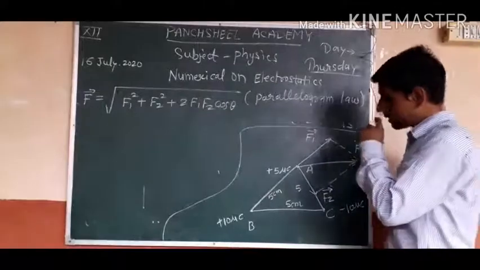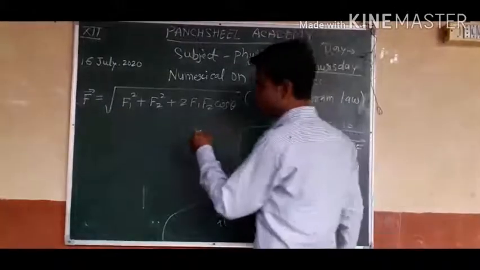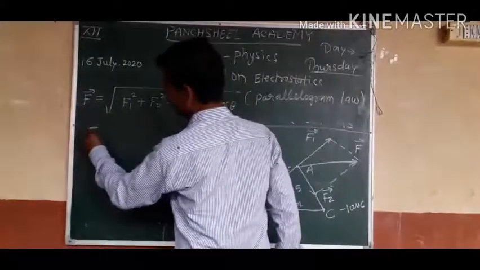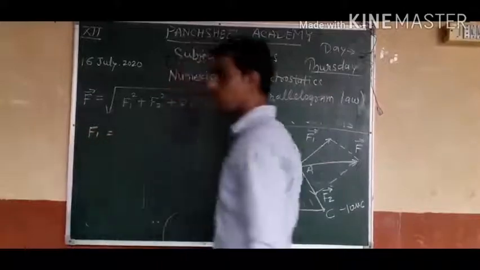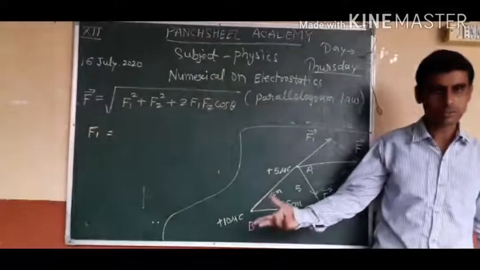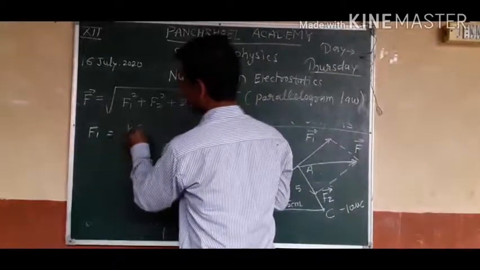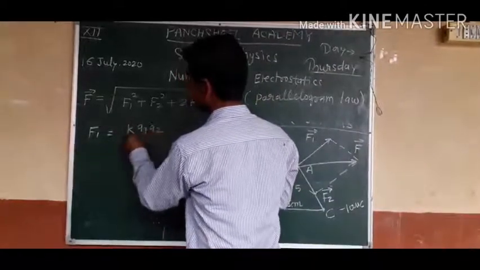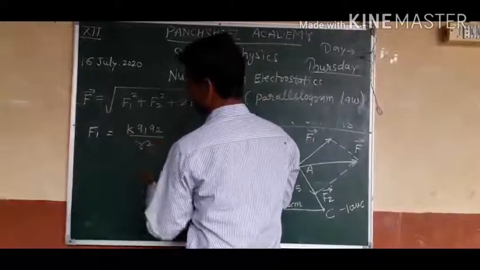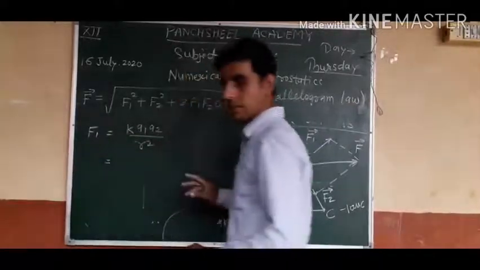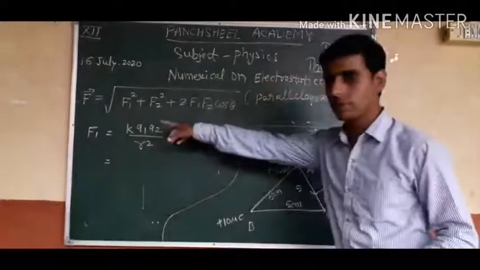Now one thing is how to calculate F1 and F2. How to calculate F1? From Coulomb's law. What is the formula for Coulomb's law? It is k q1 q2 upon r square. And what is the value of k?